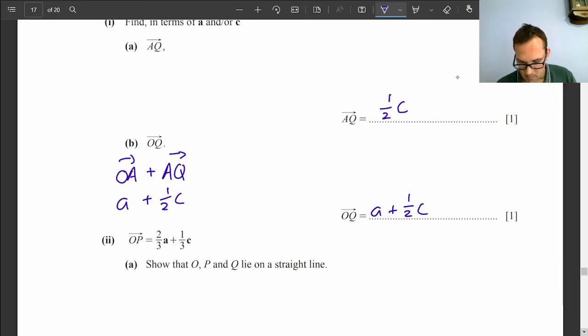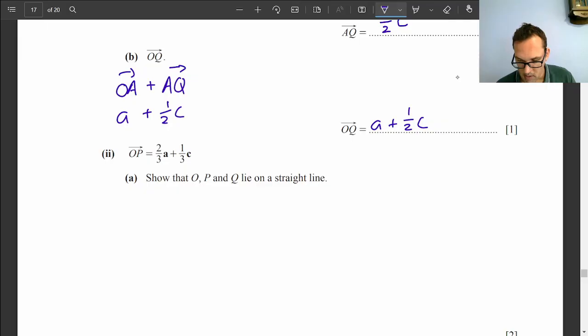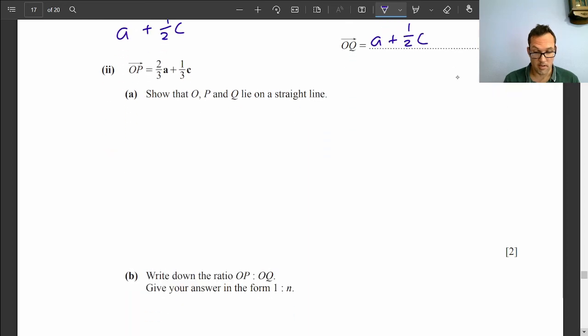Right. For the next part, it tells us OP is 2/3 a plus 1/3 c. Show that O, P and Q lie on a straight line. Now remember, with vectors, if they are the same direction, they have the same value.